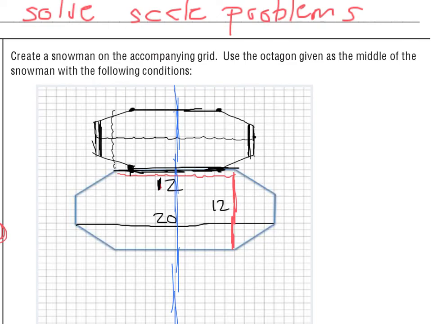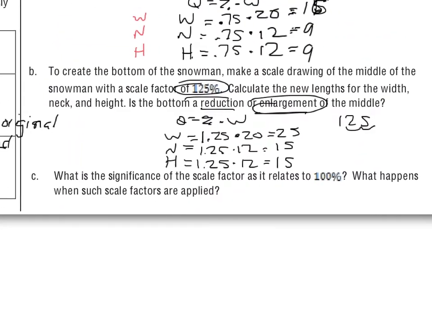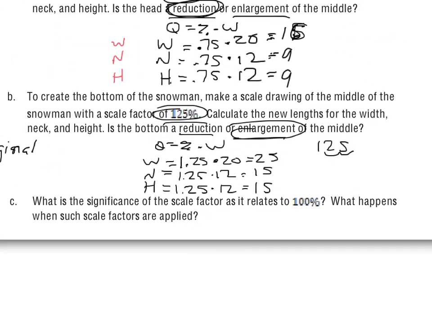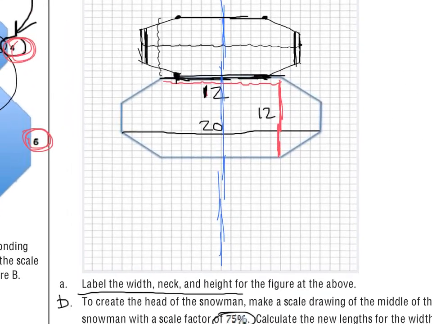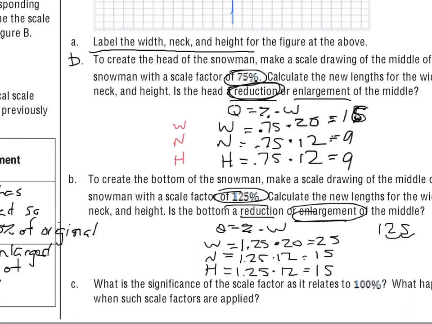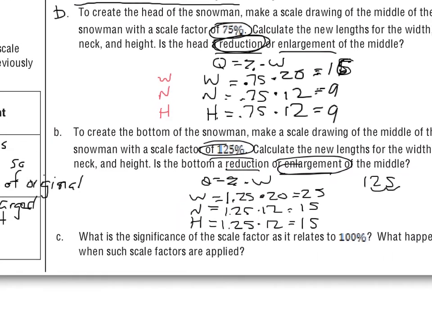Alright, so coming down here, we want to go ahead and draw this. So again, I'm going to do this the same way that I did before. I'm going to start with my height.